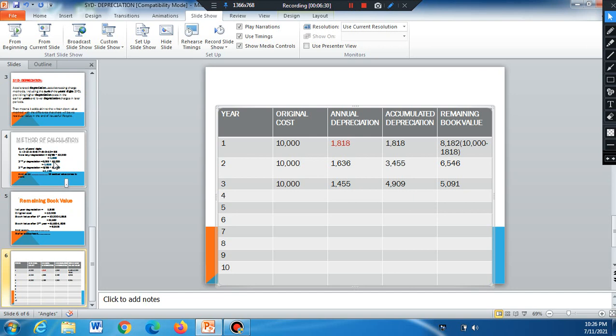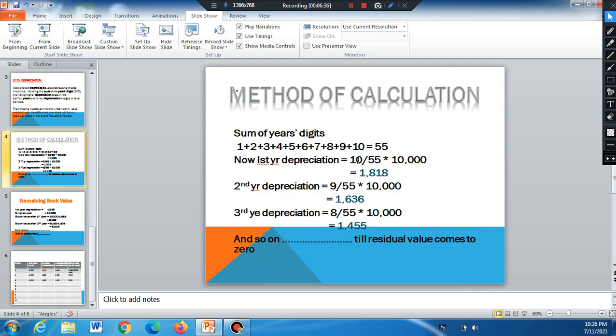Depreciation? Since it is based on the sum of years digit, so see here, first year depreciation 10 by 55 into 10,000. Second year depreciation is 9 by 55 into 10,000, that is 1636.